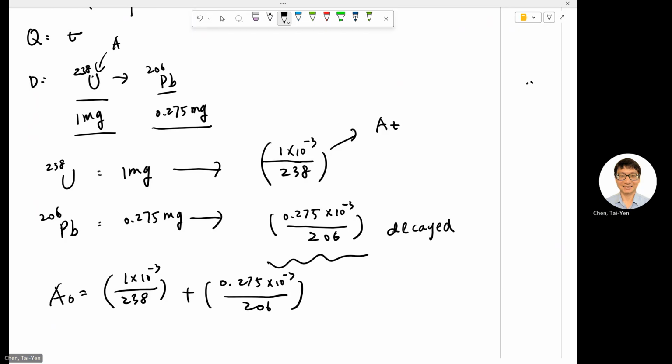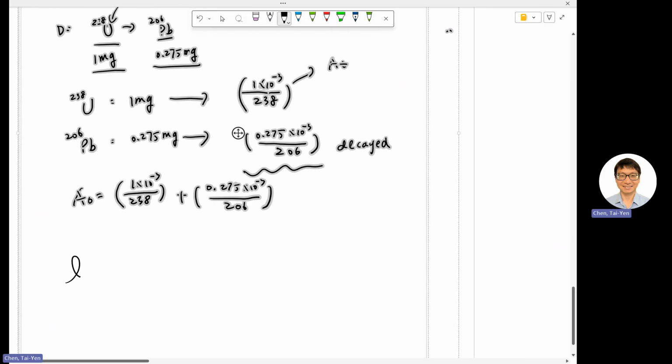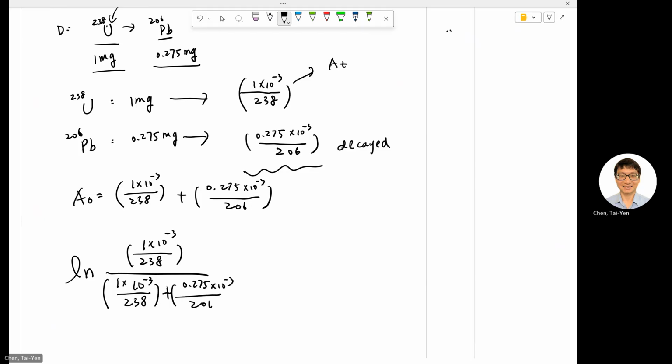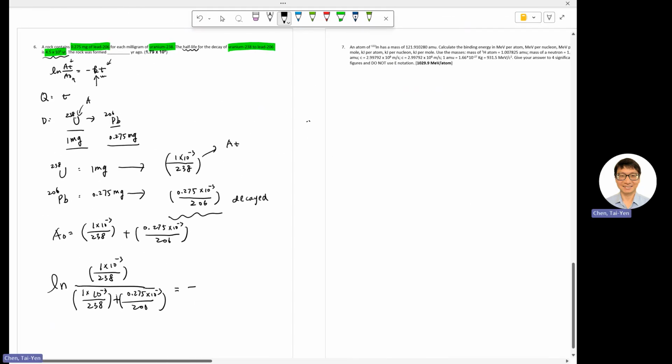So once we understand what is my AT and what's my A0, then we can start to do this. Natural log of AT, 1 times 10 to the negative 3 over 238, divided by your A0, which is this plus this, equals negative K times T. We haven't calculated our K yet, right?